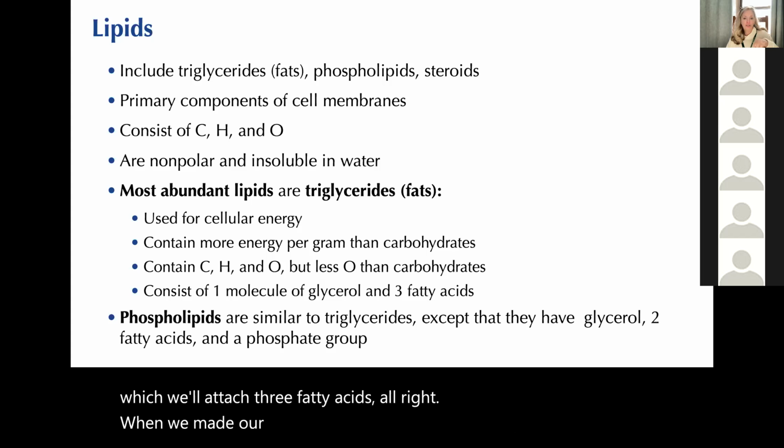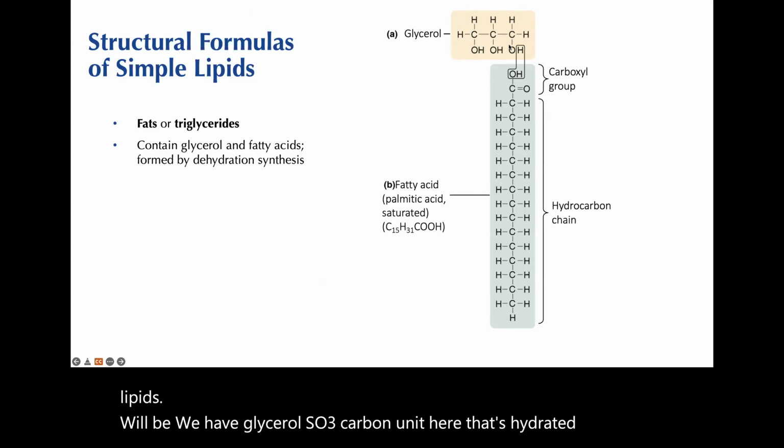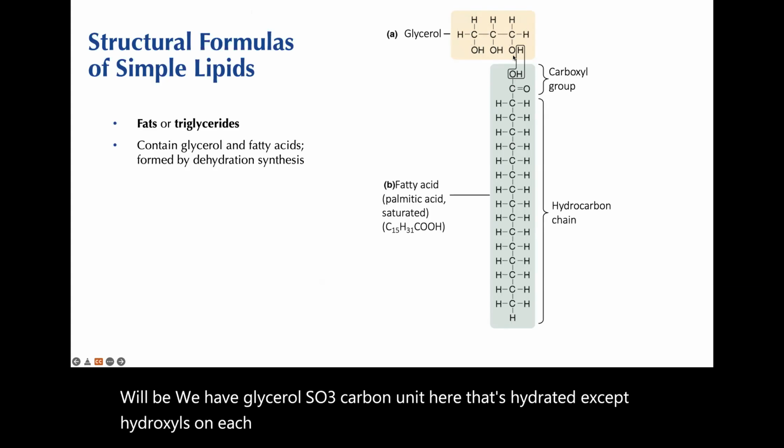All right, so the basic simple formula when we're looking at our lipids is, we have glycerol, a 3-carbon unit that has hydroxyls on each carbon, all right? To which we will attach a big, long fatty acid tail.